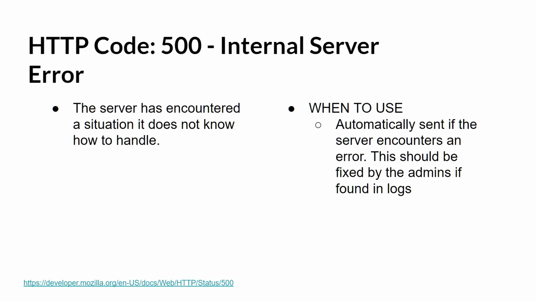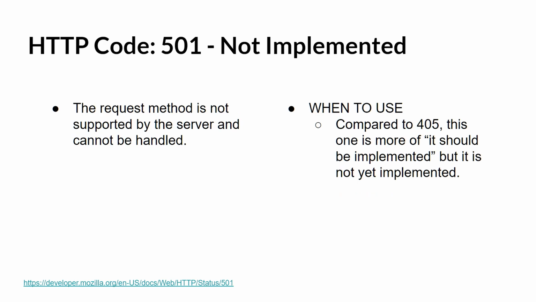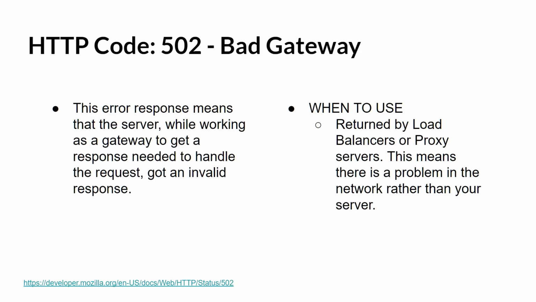So if you see this in your logs, you need to fix it. 501 not implemented means that, compared to 405, if a method is expected to be implemented but is not yet implemented, you can return this 501 error.